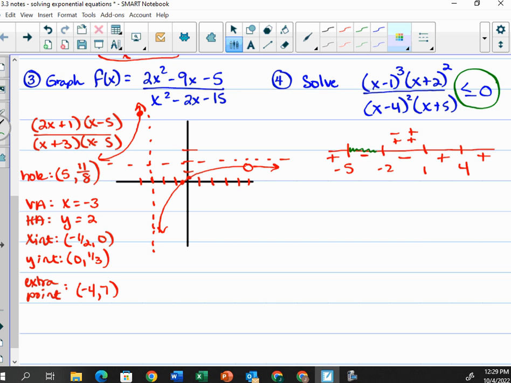So the negative part. Now the or equal to, are we going to include the -5, -2, 1, and 4? No. Okay. What if the 4 had come from the numerator? Would I include it? Yes. If the 4 was part of the numerator, you'd have this weird, like, one little dot on its own.